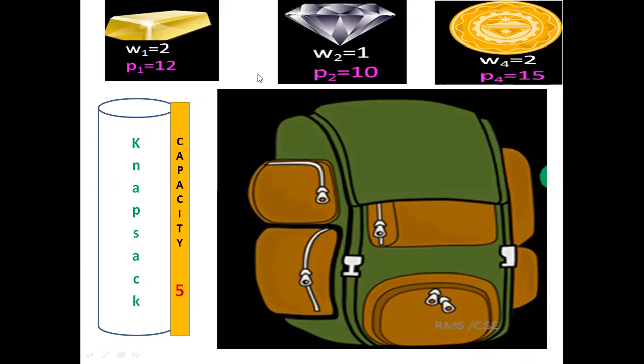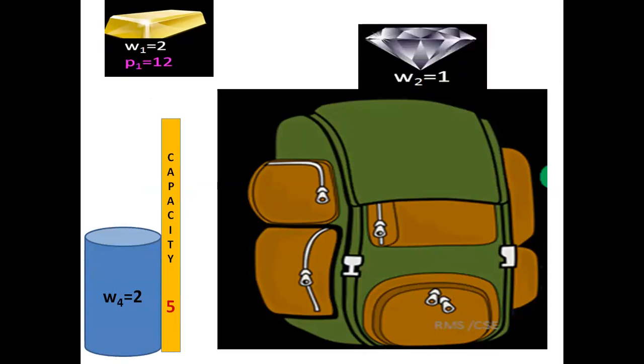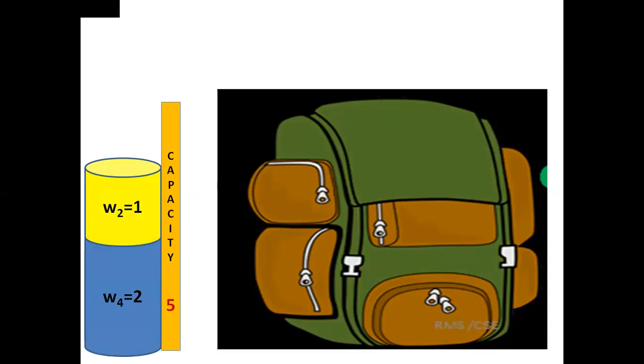Let's see how this will add. Capacity is now 5. Which object is selected first? W4 is selected. Add that into the bag. Now out of capacity 5, 2 is filled. Which is the next object we have selected? This is the object selected. Add that object into the bag. Again capacity is filled by 1, so 3 is filled. We have one more object. Add that object also into the bag.